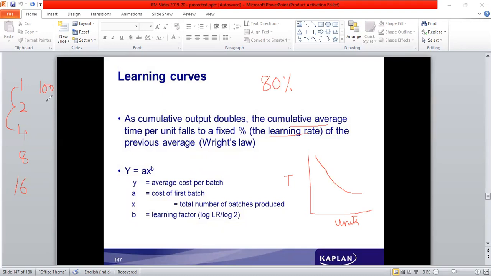So when the quantity is cumulated, the average time the next time the work is done will not take 100 minutes, but 100 into 80%. So that would be only 80 minutes. Next, when the quantity is cumulated, 80 into 80% gives us 64.